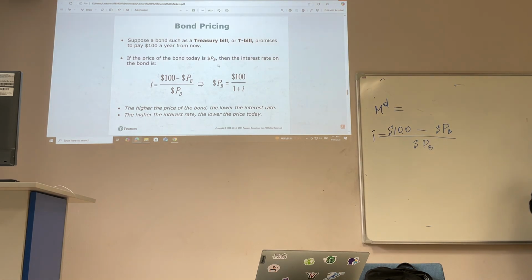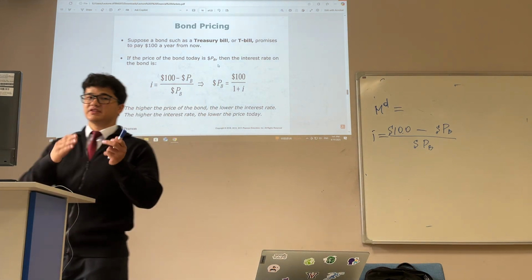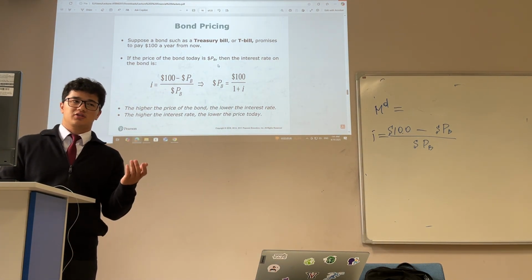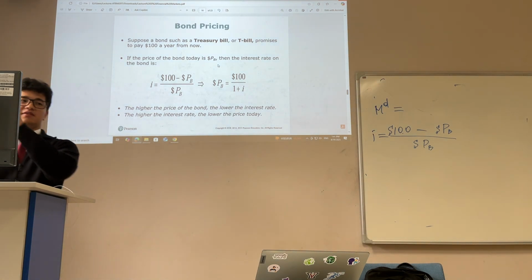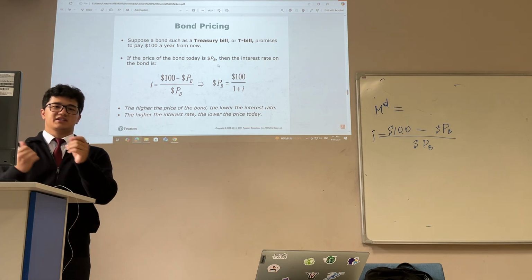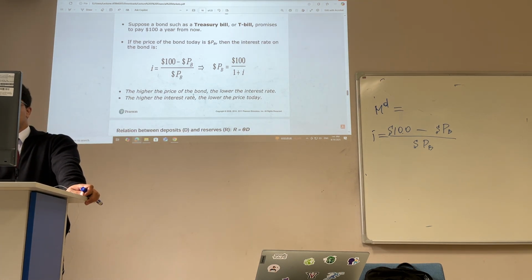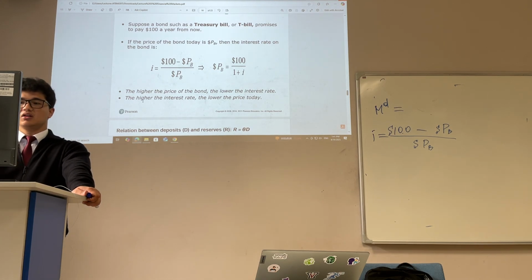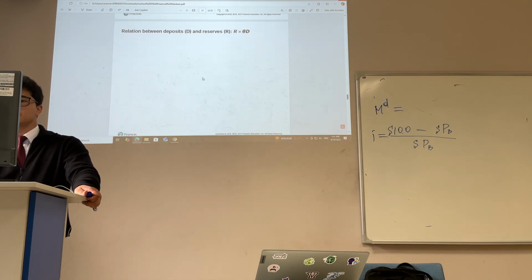They're just determining the interest rate. To find the change in percentage: current year price minus previous year price, divided by the previous year or base year price. The higher the price of the bond, the lower the interest rate. The higher the interest rate, the lower the price of the bond.